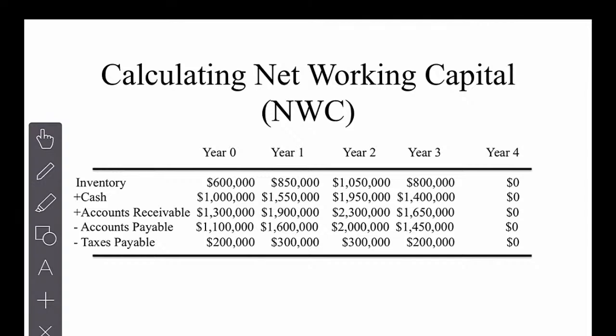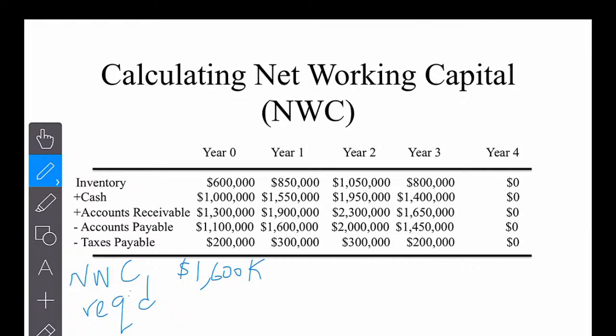If I put these all together, I call this net working capital required. I get $1,600,000. I can just put a K.